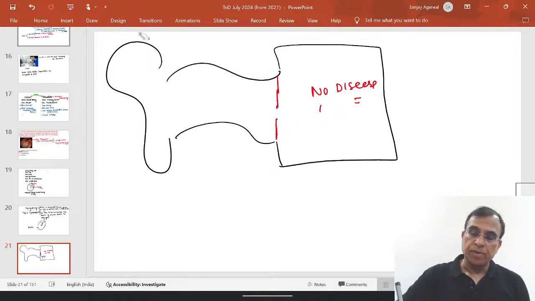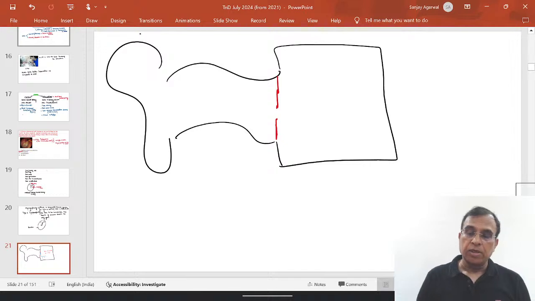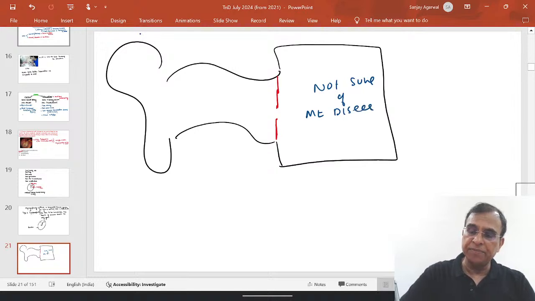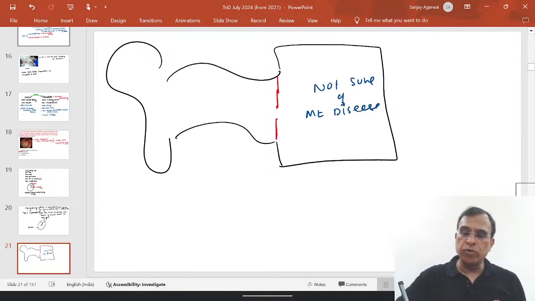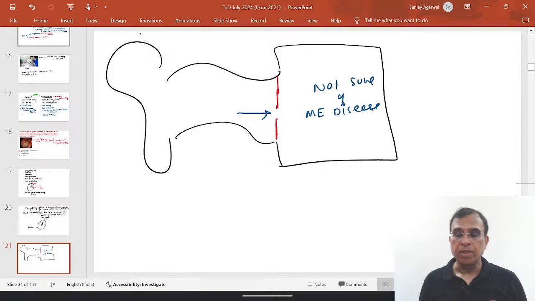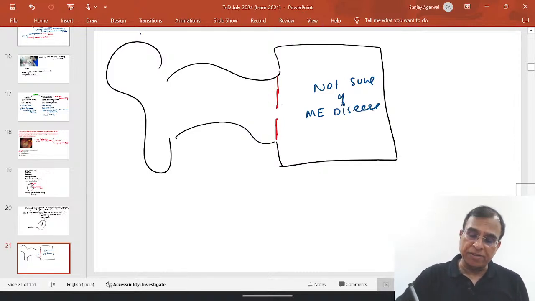Now, when you are not sure of middle ear disease, whether it is there or not, you can only see this, but you are not sure whether there is middle ear disease. So before placing the graft, you will look into the middle ear.